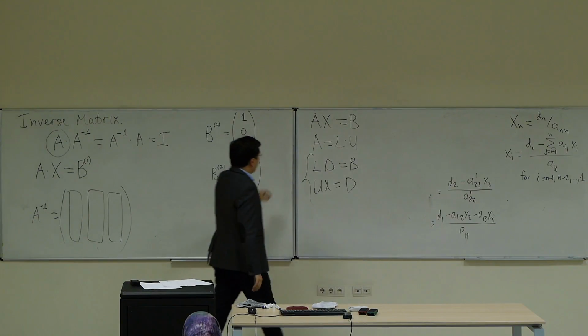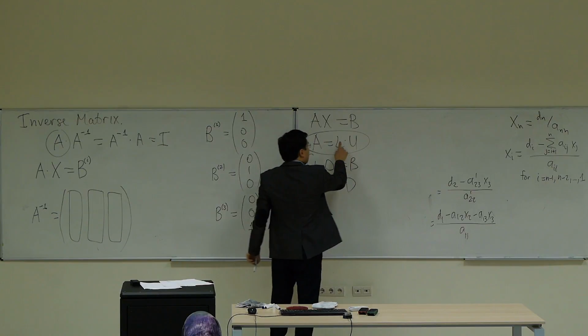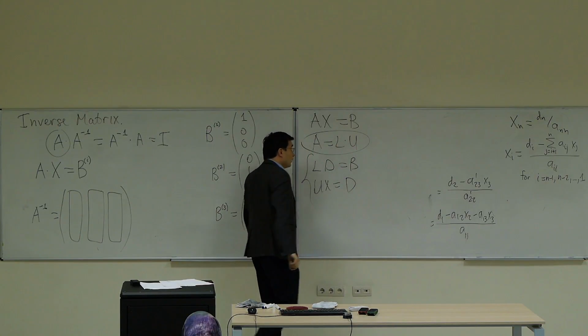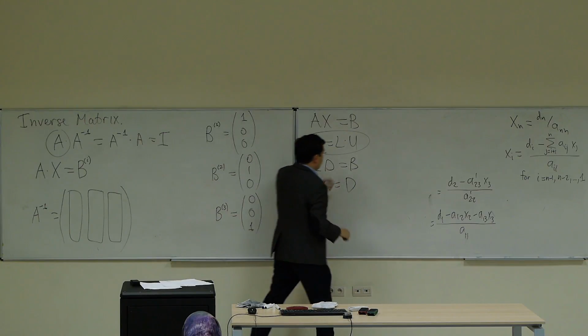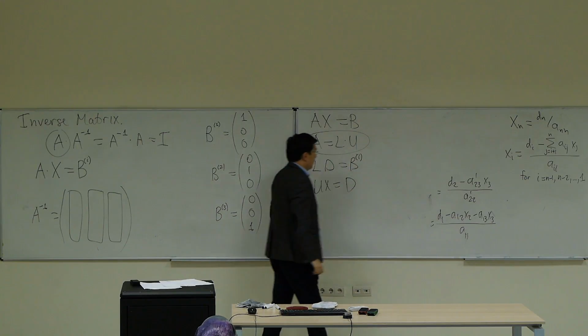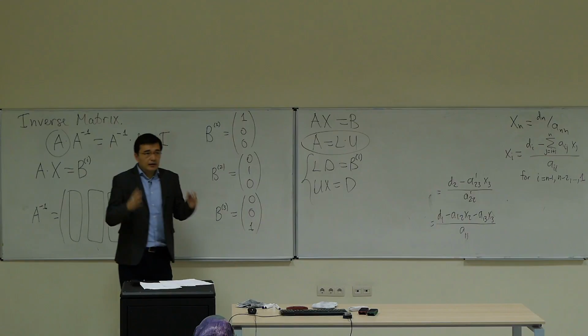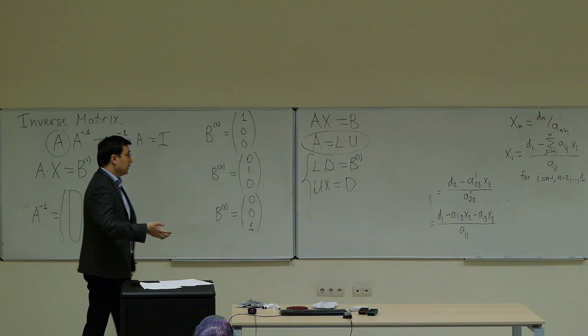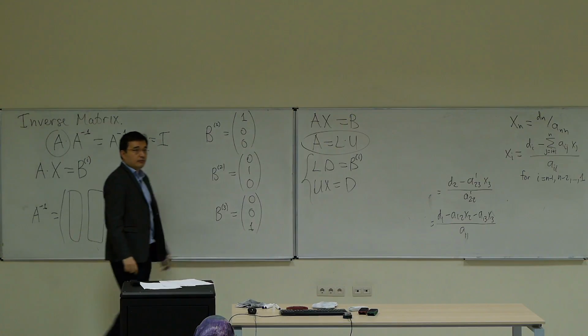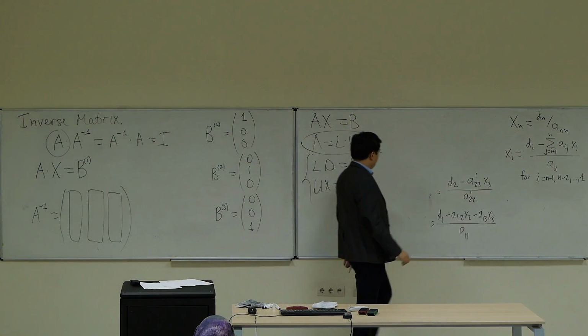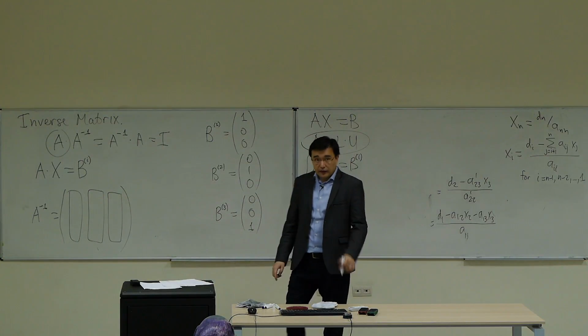So we do the decomposition step once, we find L and U, and then repeat the solving step three times, for each value of B. That's why this is more efficient. This is a case of a problem where the right-hand side of the equation changes. All right, any questions?